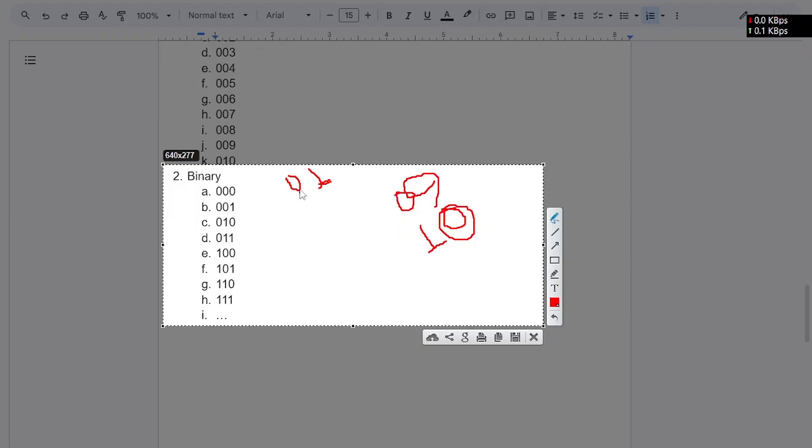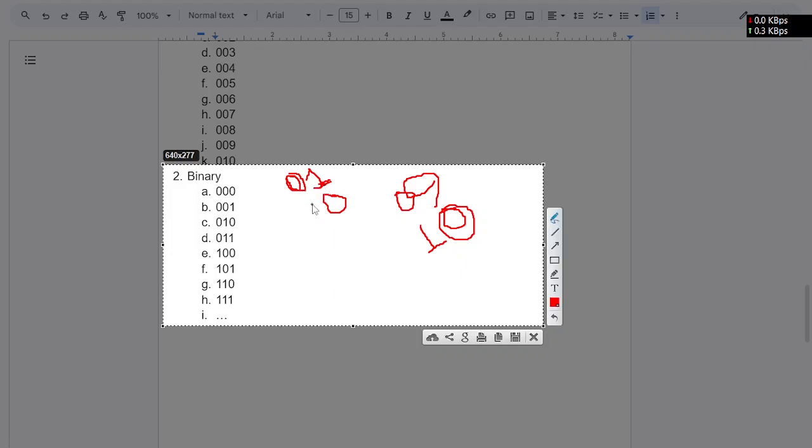And in the binary number system, when we have 0 1 and we want to increment this number by 1, we have to reset this 1 to 0 because this 1 is the largest digit in the binary number system, and then we have to add 1 in the left position of that digit.